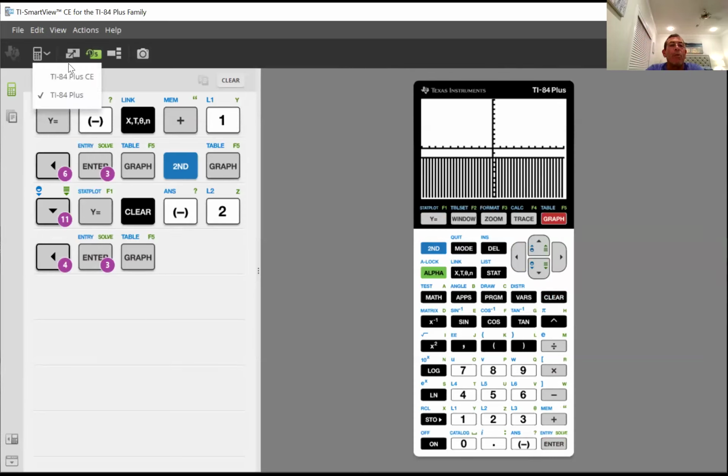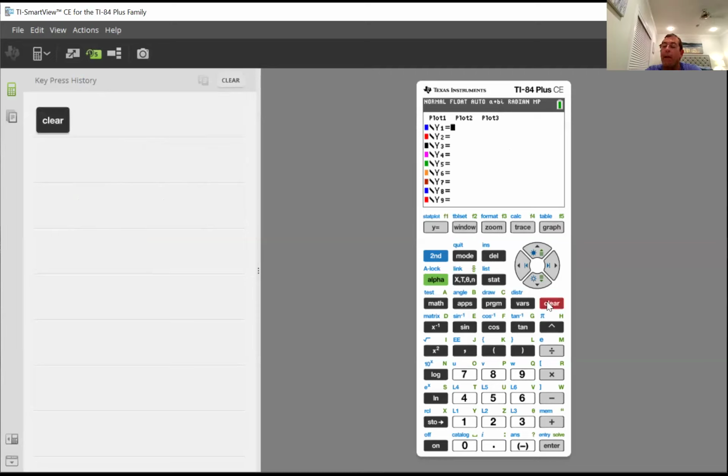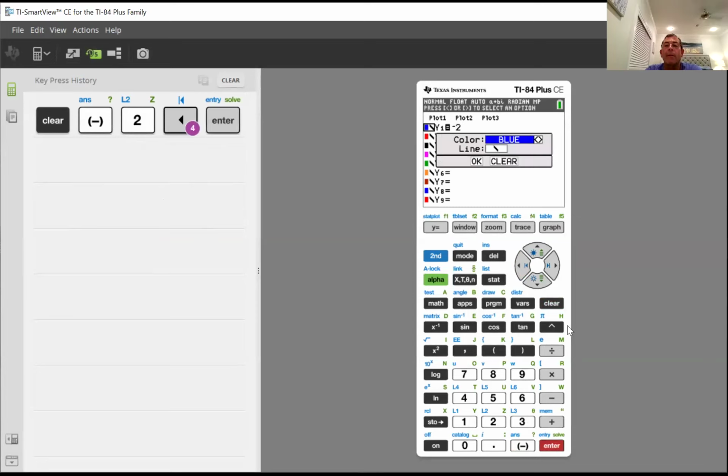And then I'm going to do that one more time on the color calculator for those folks to see. So remember, my Y1, I'm going to clear this all out. I had -2. So I'm going to highlight to the left. And when I get on the blue box, I'm going to hit enter. So this time, say I wanted my line to be a different color for shading. Say I wanted to shade it green.